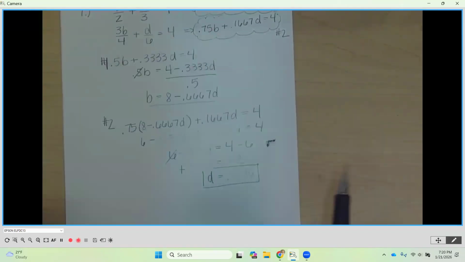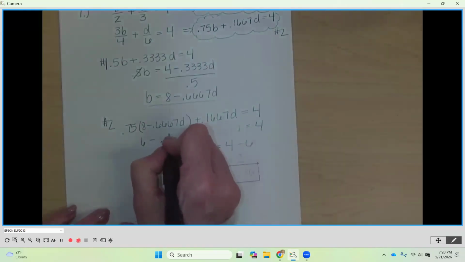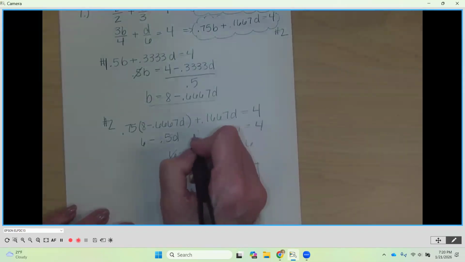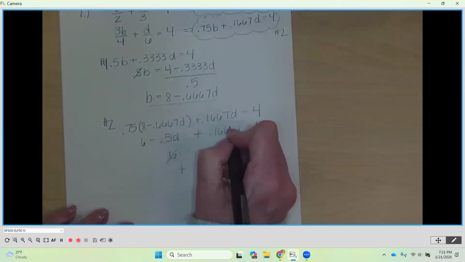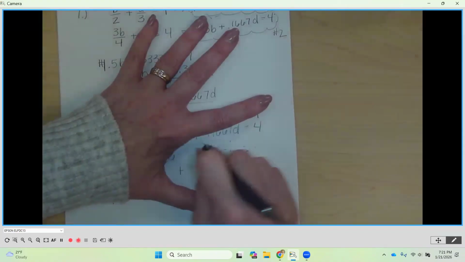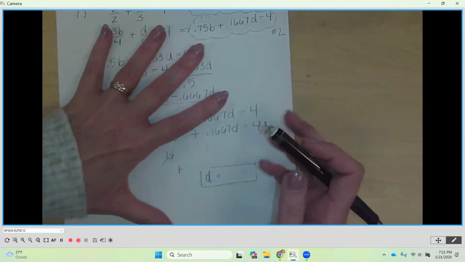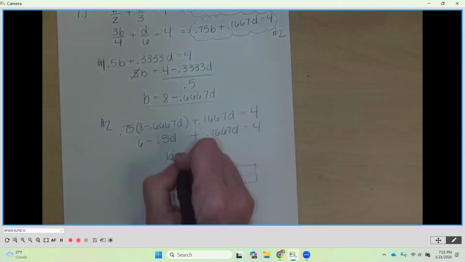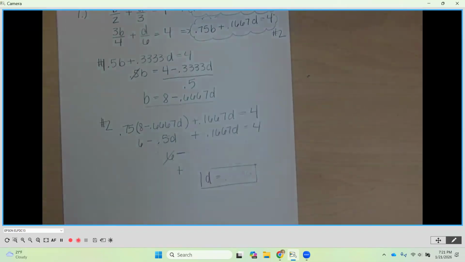See, let me do that again. So this is going to be 0.5D, right? Plus 0.1667D. That's what it is. That's why we have an eraser. That's okay. Minus 0.5, 0.1666.